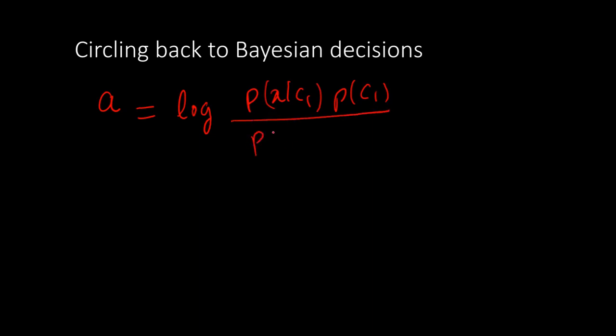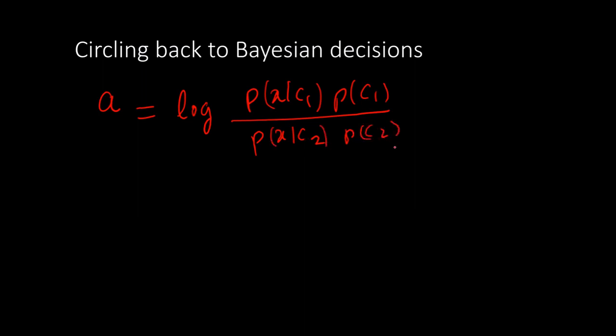First we will define a variable a, for a binary class classification, as the log of the ratio of odds. So this will be the log of p of x given c1, p of c1, divided by p of x given c2, p of c2.